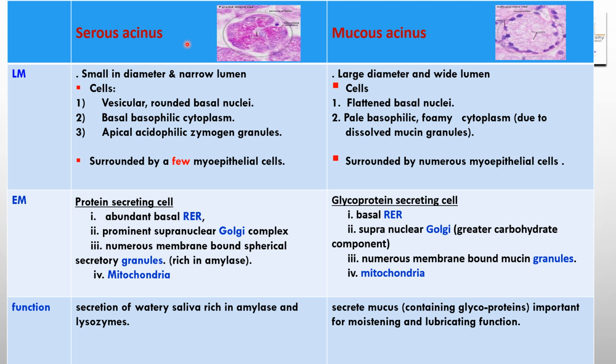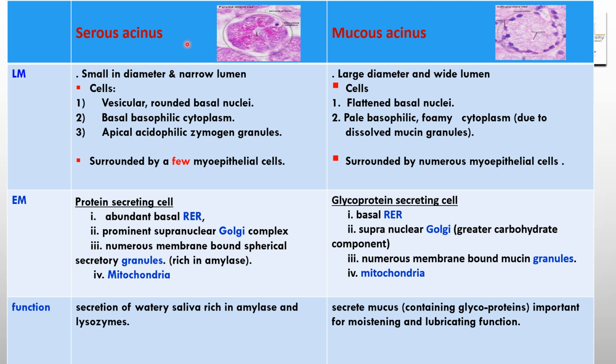Mucus cells have the character of glycoprotein secreting cells. They have basal rough endoplasmic reticulum, supranuclear Golgi with greater carbohydrate component, numerous membrane-bound mucin granules, and numerous mitochondria.